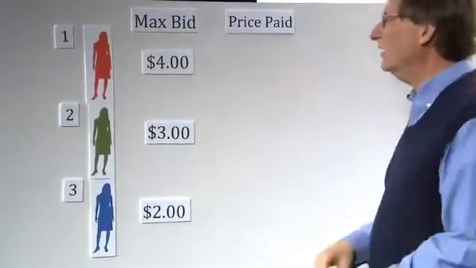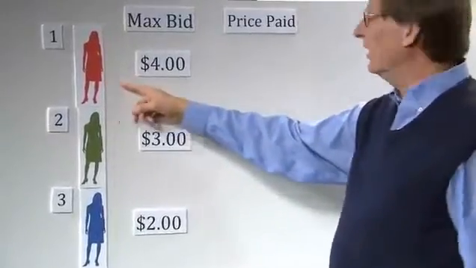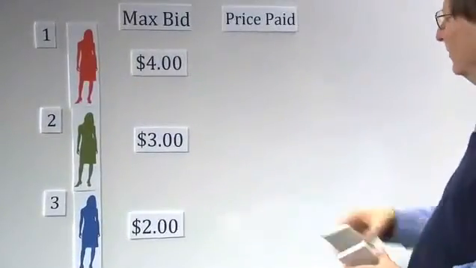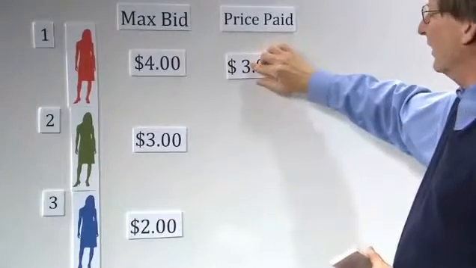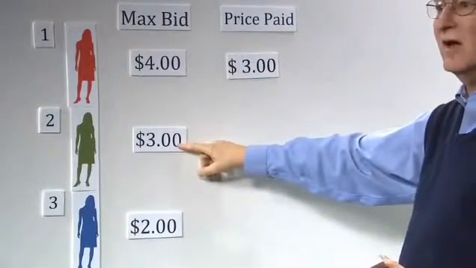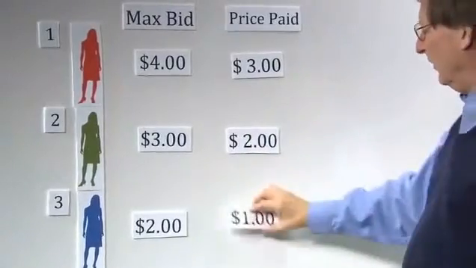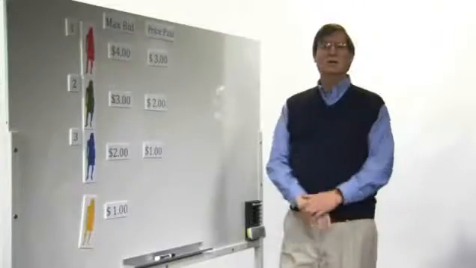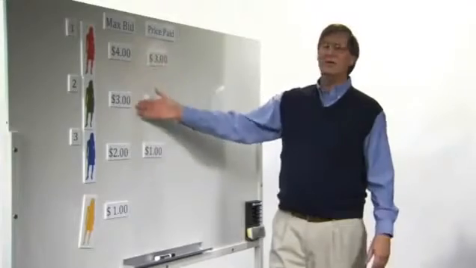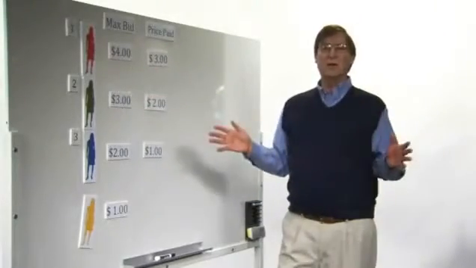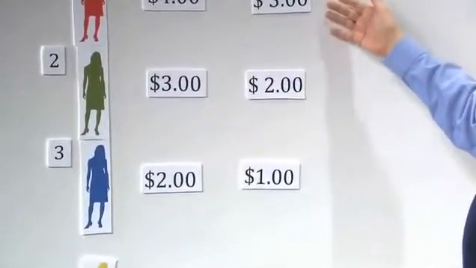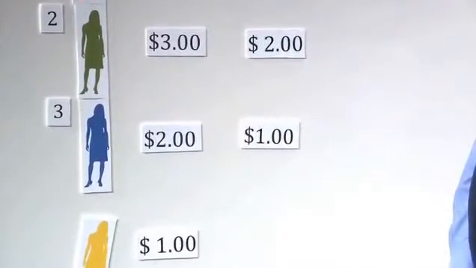So in this case, the first advertiser bids $4, but they only have to pay $3, which is the bid of the second highest advertiser. Same thing for advertiser 2 and for advertiser 3. In this way, each advertiser can bid their maximum willingness to pay, but what they have to pay is just enough to beat the competition.